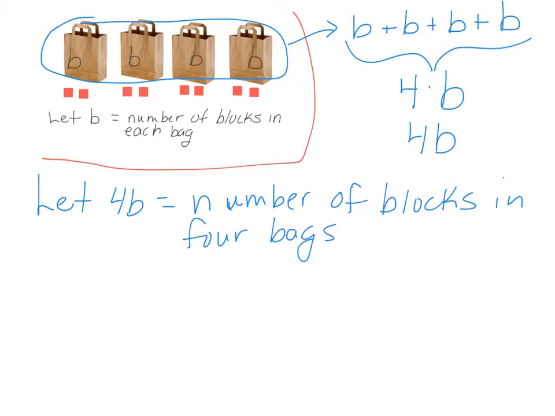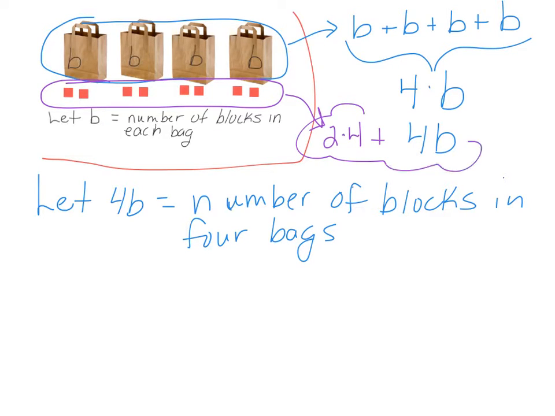Okay, now if I think about what else do I need to do to find the total number of blocks, I still have these extra blocks in front. Okay, so I'm going to color code that in purple. I have 2 blocks in front of each bag, and there are 4 bags, so that would be the same as saying 2 times 4. So now if I add these 2 things here, that's how I would find the total number of blocks.